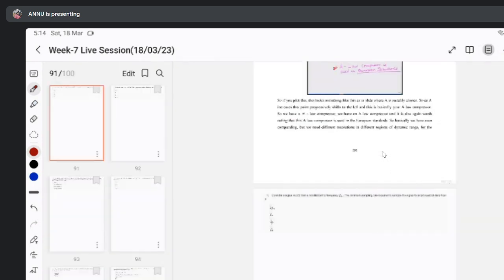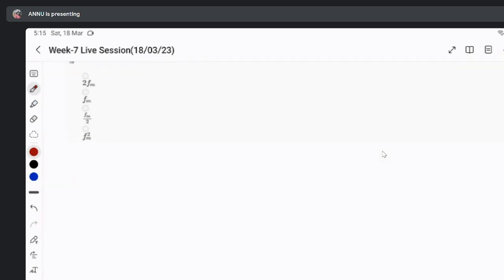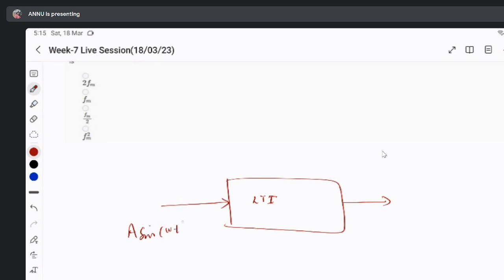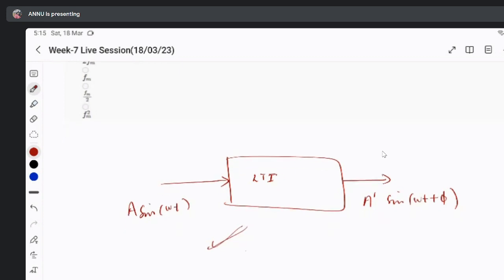I'll tell you using this. Take any modulation, AM or FM. Just remember this: if you have input A sin(omega t) and output A dash sin(omega t plus phi), you have an LTI system.